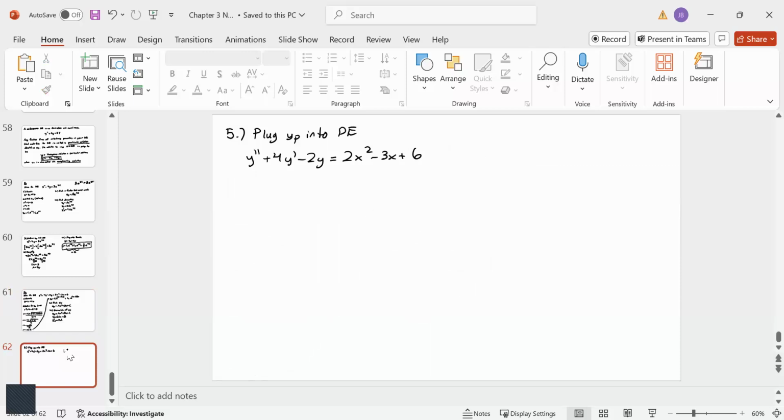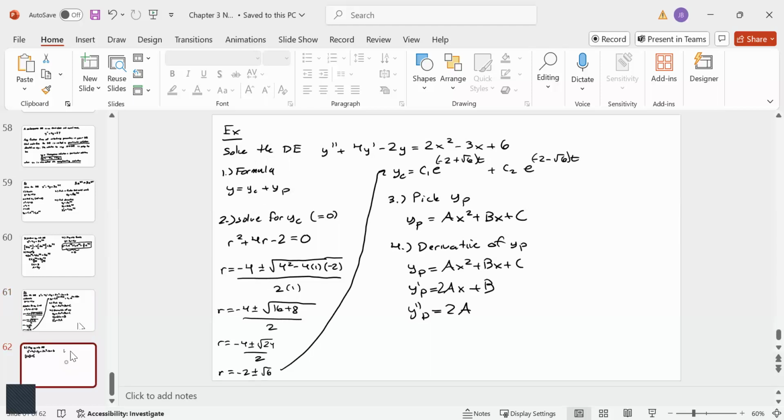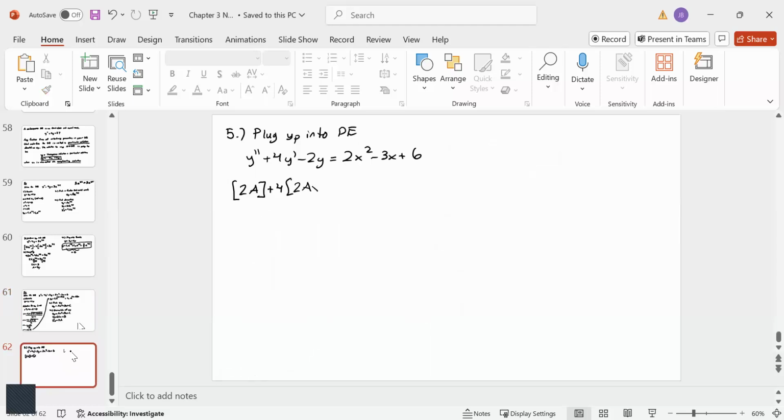So we are going to plug in what we know, and that's going to be 2a for y double prime plus 4, and it's going to be 2ax plus b, minus 2, and it's going to be ax squared plus bx plus c equal to 2x squared minus 3x plus 6, like that.